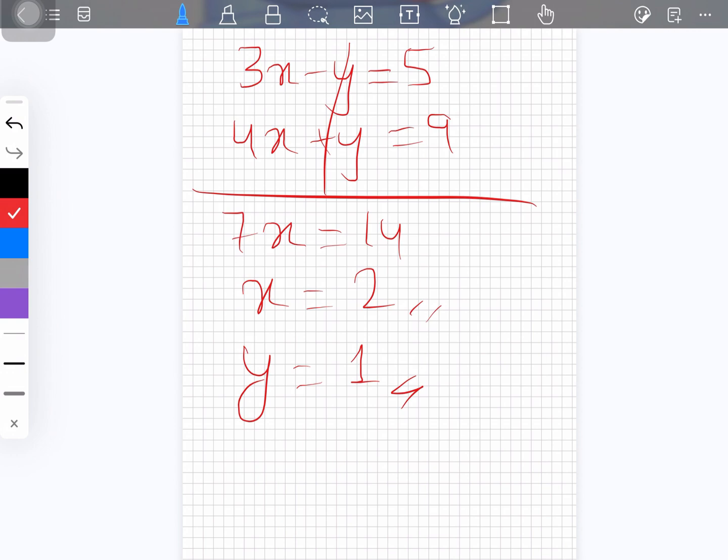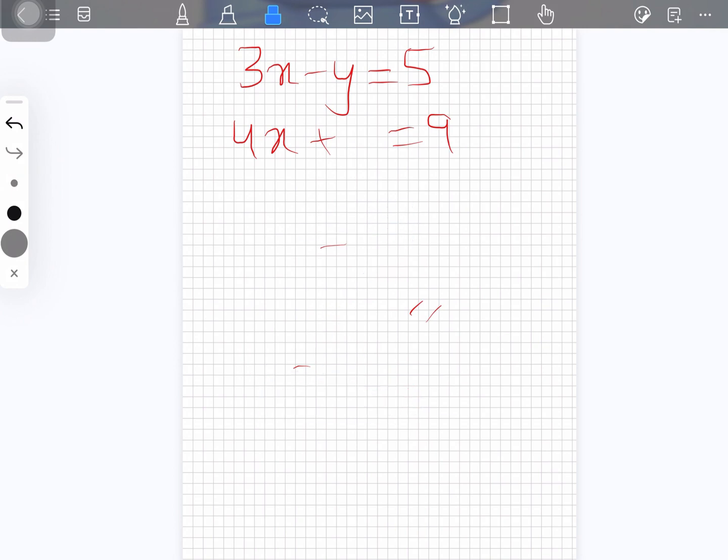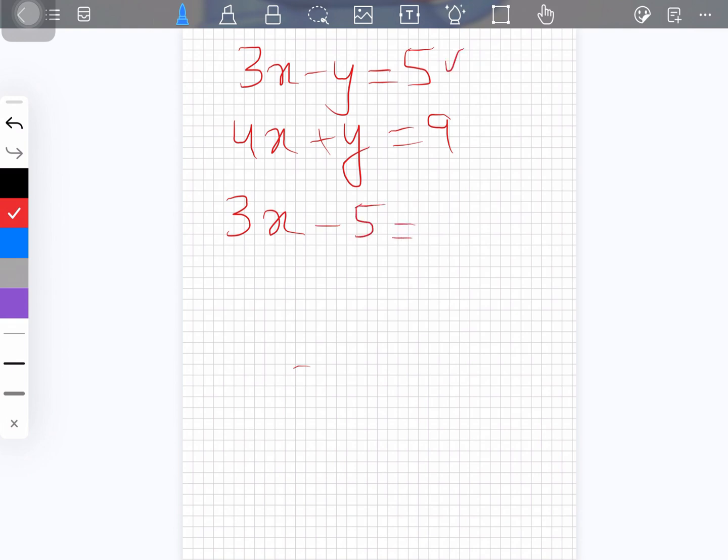But if you don't want to do it this way, then what you can do is this. You can just equate. First of all, put y as positive on one side. So the first one would be changed as y is equal to 3x minus 5, and the second one would be changed as minus 4x plus 9 is equal to y, isn't it?